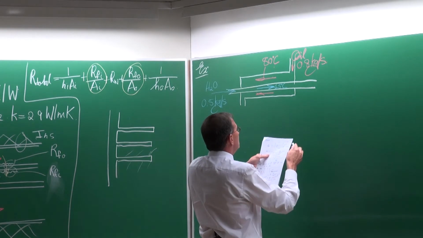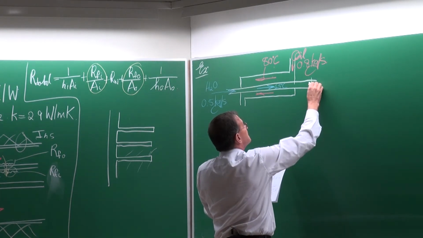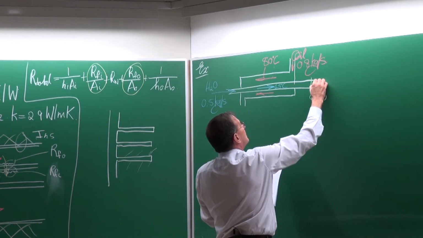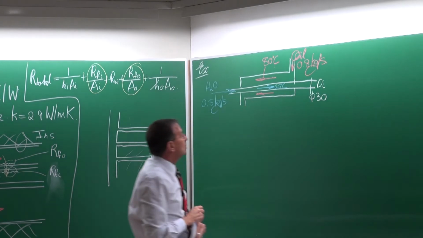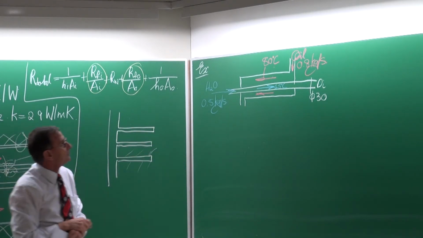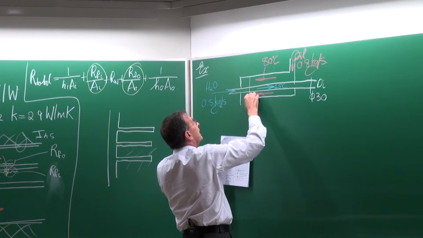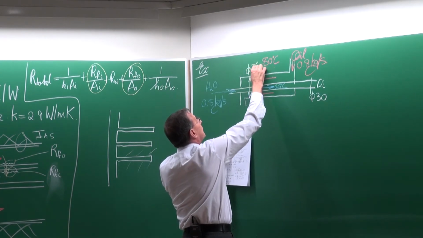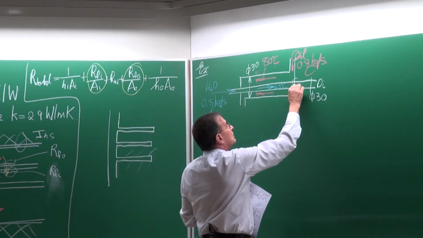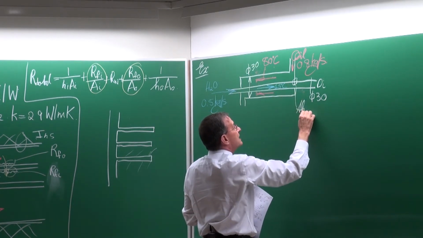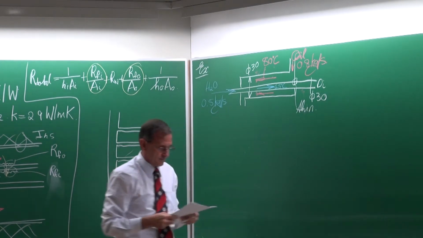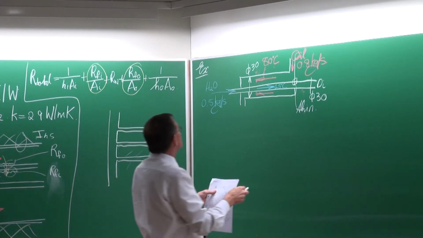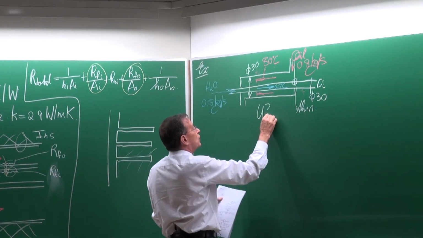What they also give us is that the diameter on the inside of that tube is 30 millimeters. And this wall is given as a very thin wall. And we are asked to determine the overall heat transfer coefficient.